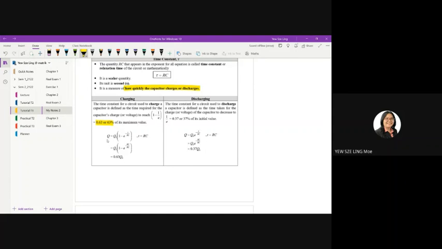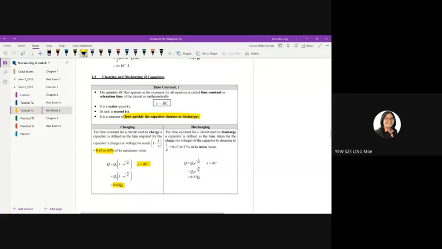If you look at the equation for Q, Q equals Q naught bracket 1 minus exponential negative t over RC, we substitute t with RC and then simplify it. Eventually, we will find that Q final equals 0.63 Q naught. So that is our reference point.